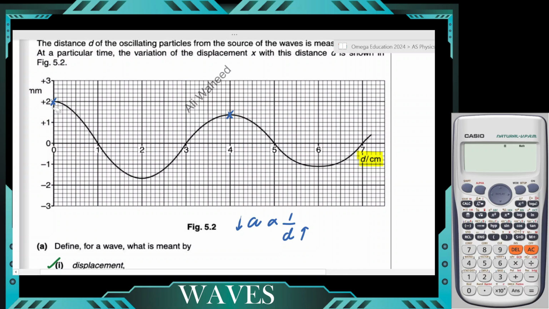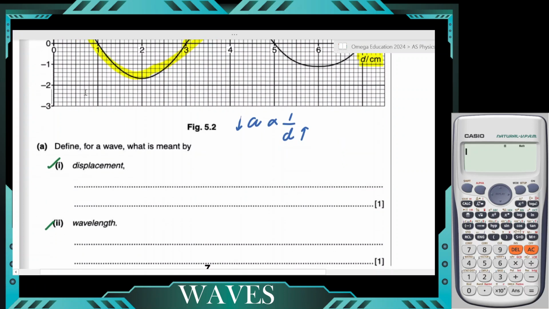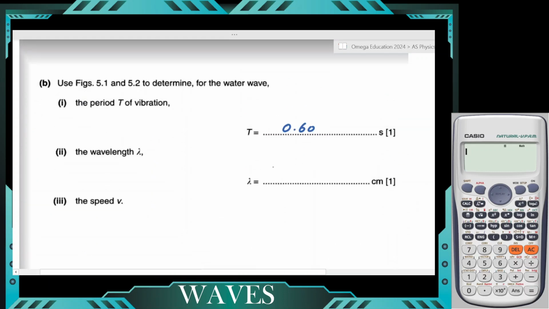So if I take the distance between consecutive in-phase points, for example, from crest to crest, from 0 to 4, so the wavelength would be 4 with the unit of centimeters. In 2 SF, you can write it as 4.0 centimeters.